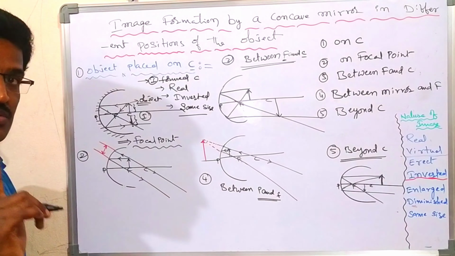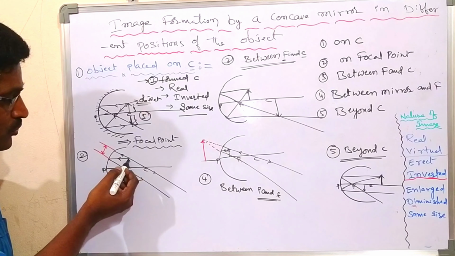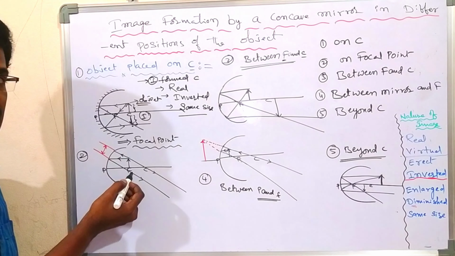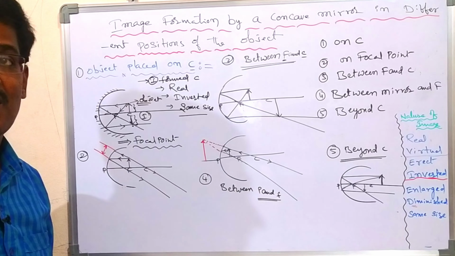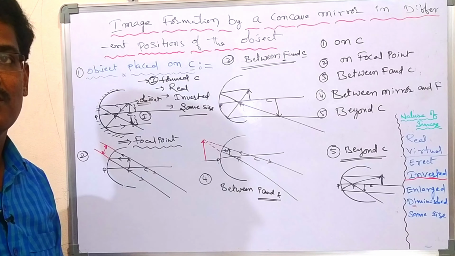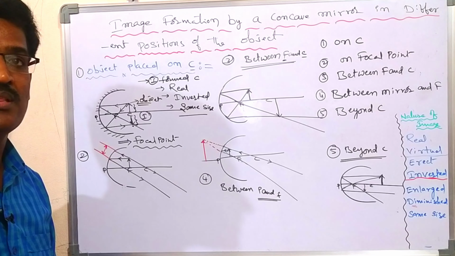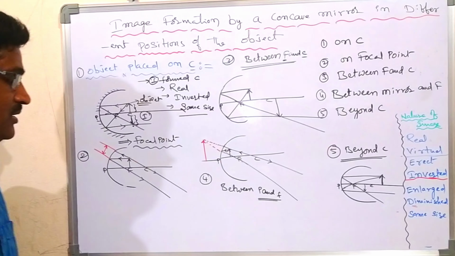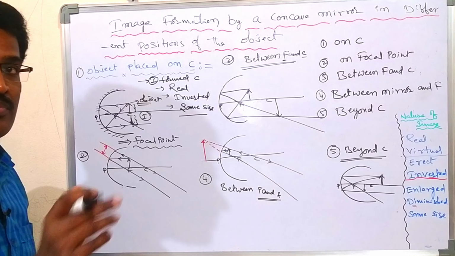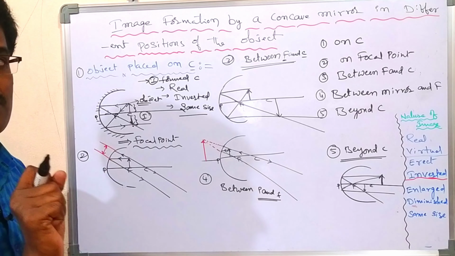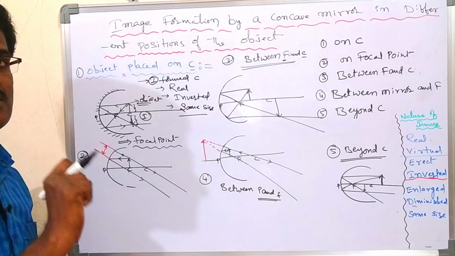Now for the second ray, it has to move through F, but the object is on F, so how can it move? It's not possible. R2 is not possible. That's why R3 is involved. What is the nature of R3? It has to pass through the center of curvature and reflect along the same path.